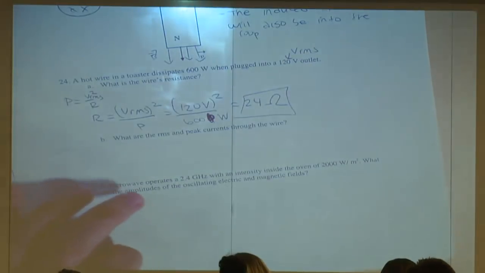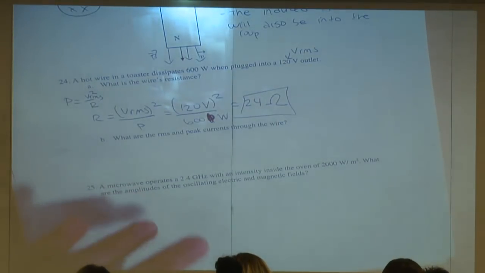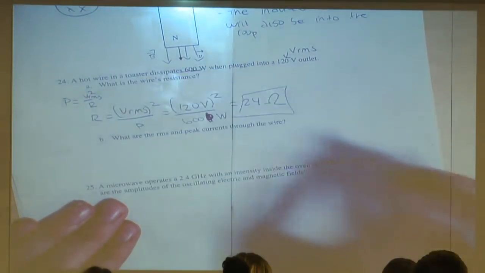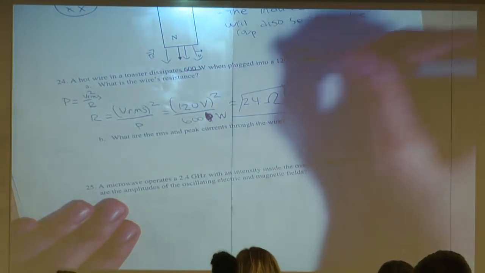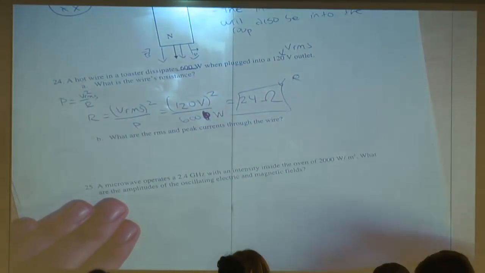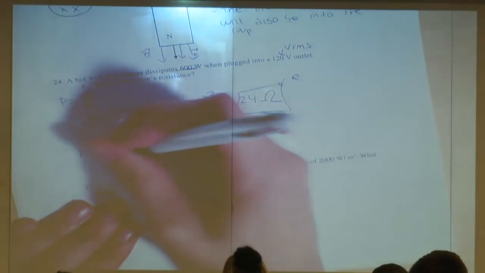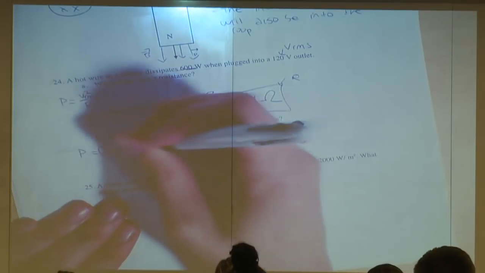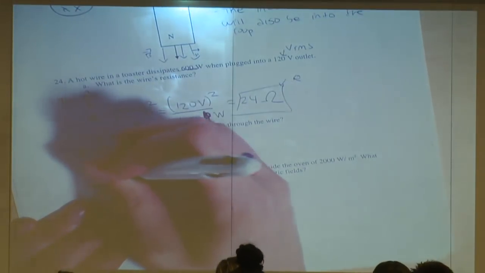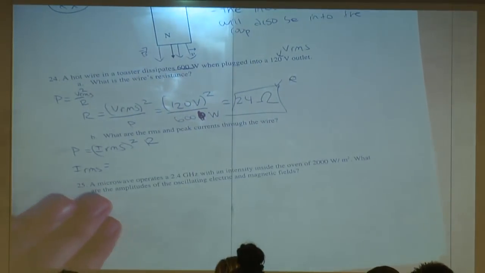Now it says, what are the RMS and peak currents through the wire? So we have power, and we have R, and we have VRMS. So now we can find the IRMS. We have P equals IRMS squared times R. IRMS is just the root mean squared current, right?